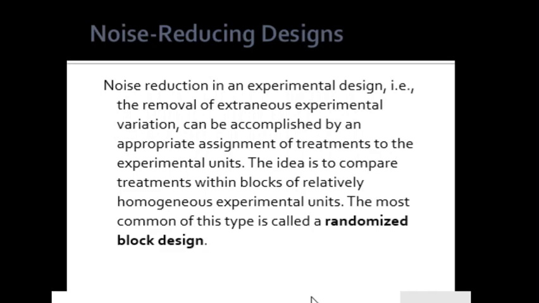The idea is that the experimental units in each group should be homogeneous. These types of designs are called the randomized block design, and we'll see a few examples.